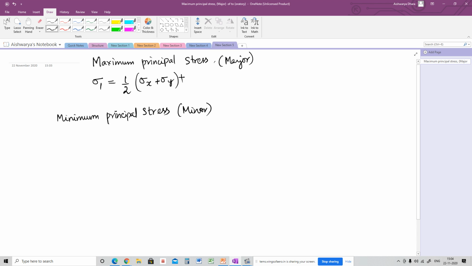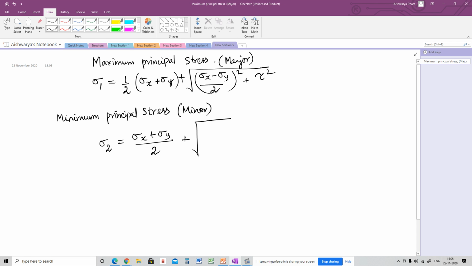You can take the half outside or keep it inside. Is it only tau square or tau xy square?